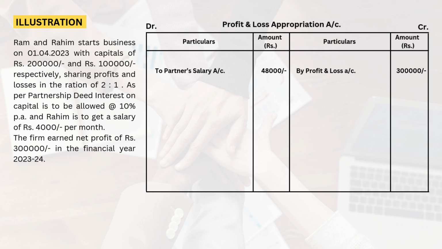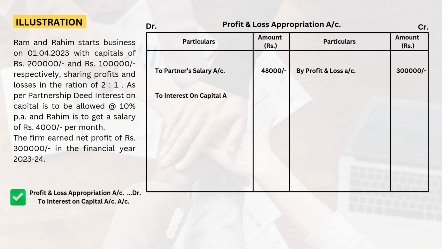Fifth entry was profit and loss appropriation account debit to interest on capital account. Hence, interest on capital account will be posted into profit and loss appropriation account at debit side. But here it will be posted showing the individual share of the partners. That is Ram rupees 20,000 and Rahim rupees 10,000.